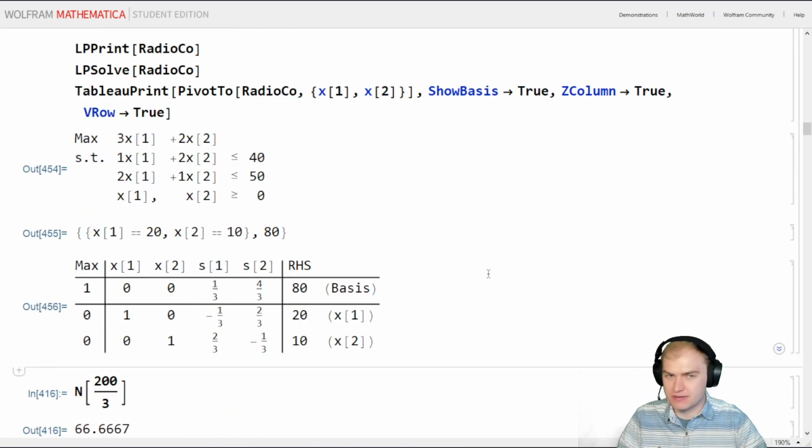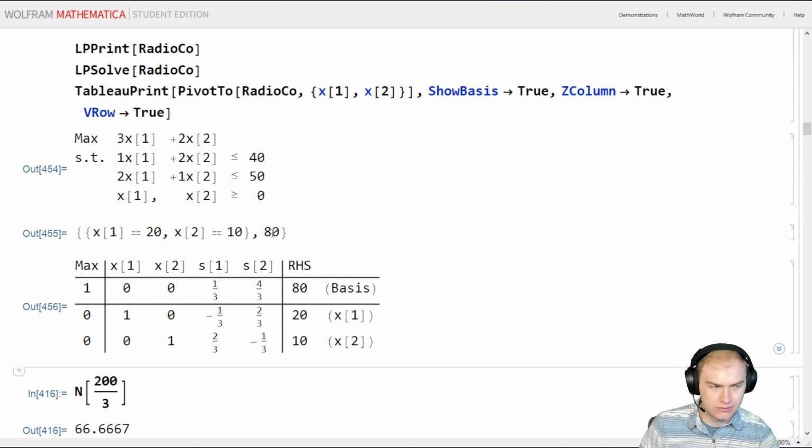So the shadow price then indicates that we would be willing to pay 1/3 of $1 extra to get more of this resource.